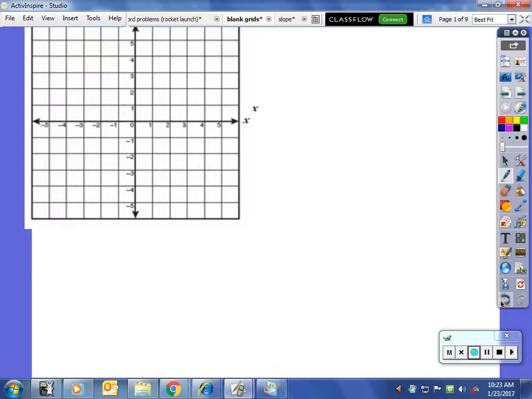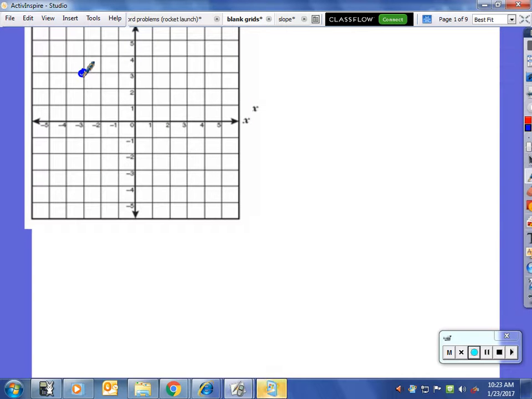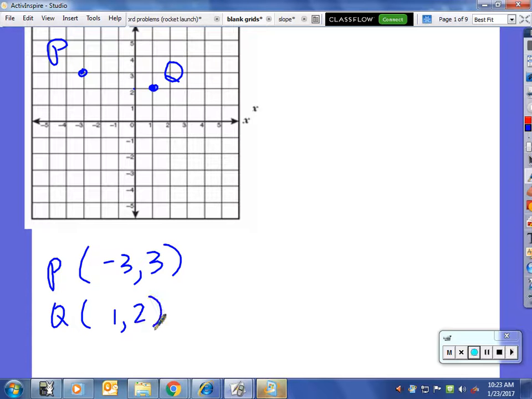Okay, now we did a steep one, we did a neutral one. Let's try to do a flat one here. Okay, here's point P, here's point Q. Now you won't have pictures, you'll just have points. Point P is at -3, +3, and point Q is at 1, 2. I just want to show you visually what a flat line would look like.